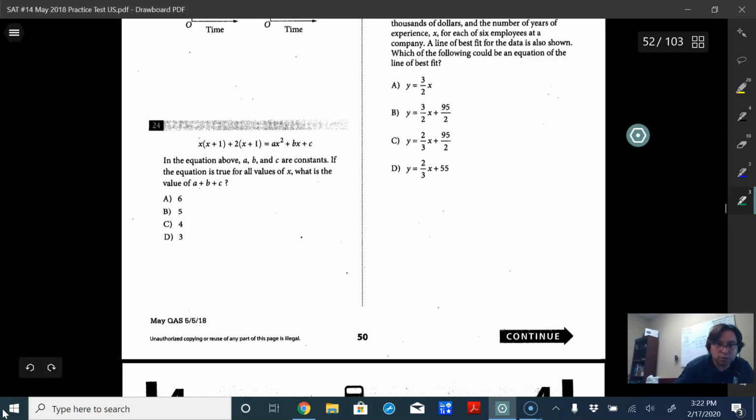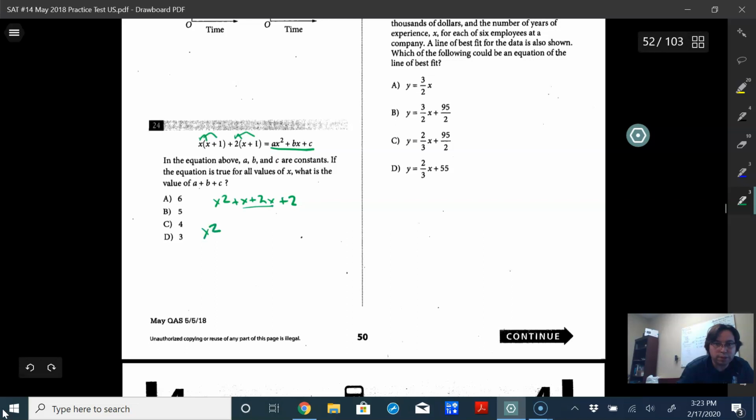We need to distribute here, and then we want to combine. The first one we have is x squared plus x, and then plus 2x plus 2, and all this is equivalent to this side. So let's combine our like terms.